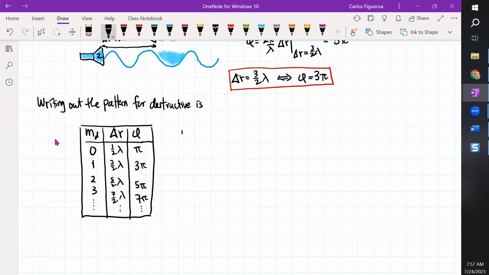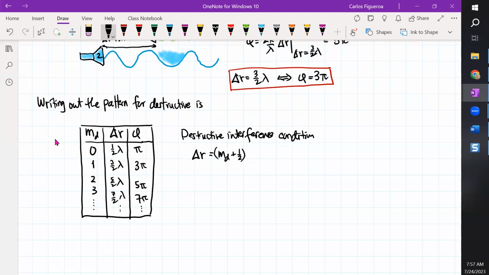So I could then say for the destructive interference condition, that means that this delta R has to be MD plus 1/2. Oh man, maybe I should have written it differently, there's a couple ways to write this. I think I'm going to keep it this way.